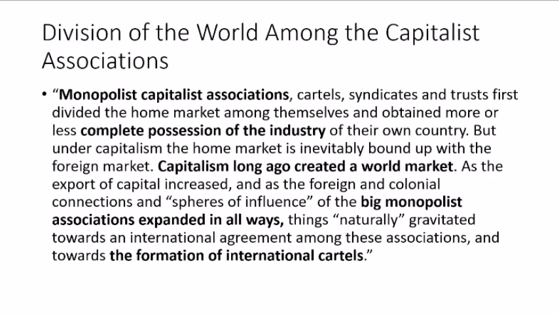So, again, this is where we're getting to a little bit of a scaling up happening. The first thing that happens in the beginning is that these monopolies, trusts, cartels, and syndicates carve up their own countries first, right?